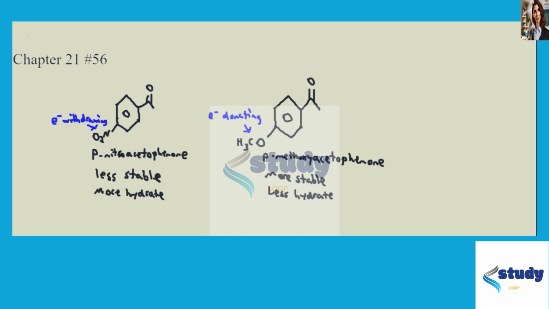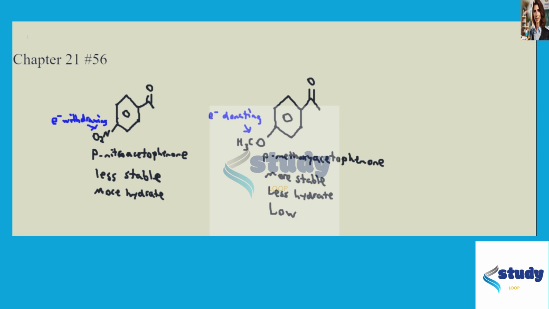And lastly, we're asked about IR shifts. Which compound exhibits a carbonyl absorption at higher wave number in its IR spectra? An electron donating group is going to result in the lower wave number because, again, electron donating groups stabilize these molecules.